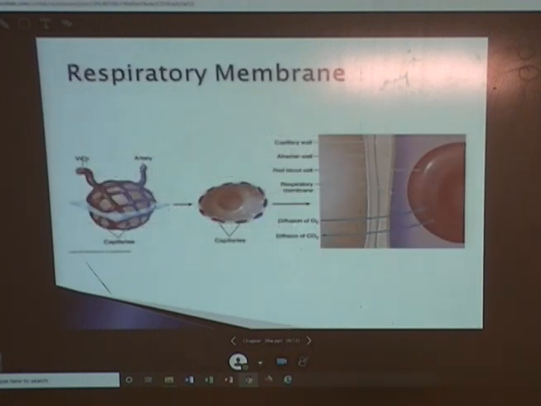All right, so here, this is one alveolus, right? And you've got the pulmonary artery bringing blood from the heart that has very low oxygen levels and higher carbon dioxide levels, right? So the pulmonary artery then breaks into the capillary bed, wrapping around all these alveoli.